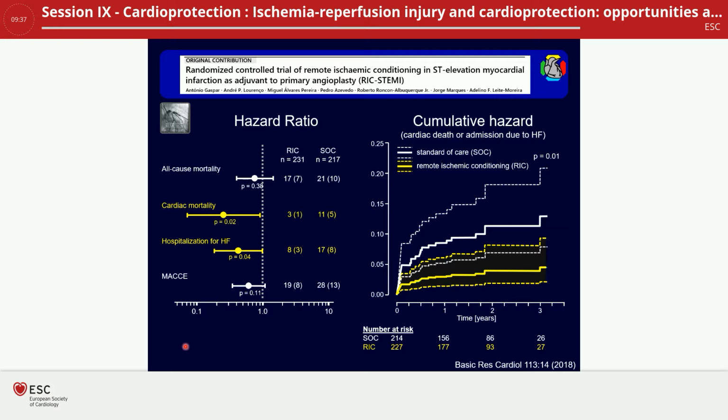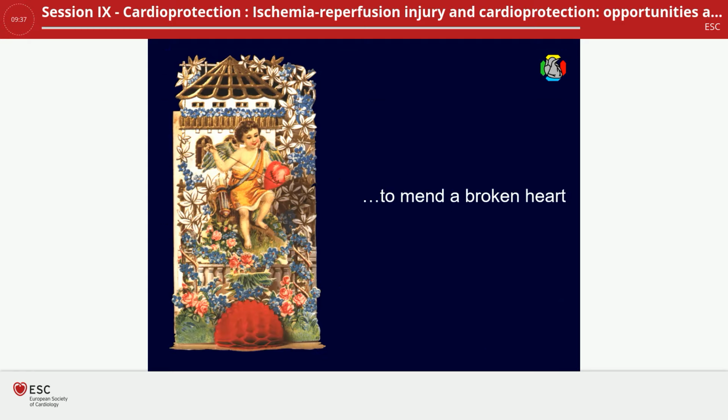To the left, you see there's a significant reduction in mortality and a significant reduction in hospitalization for heart failure. And that is what ultimately counts for the humans, a long-term better life expectancy and better quality of life. After all, that's what we want to achieve. Thank you for your attention.